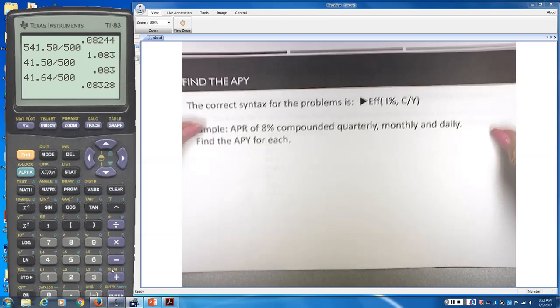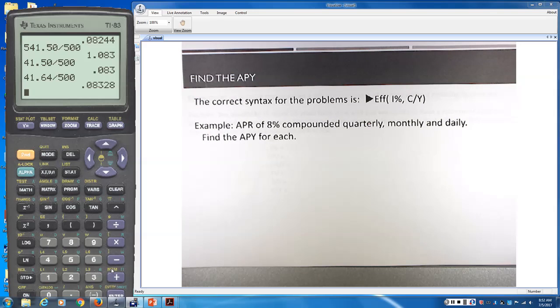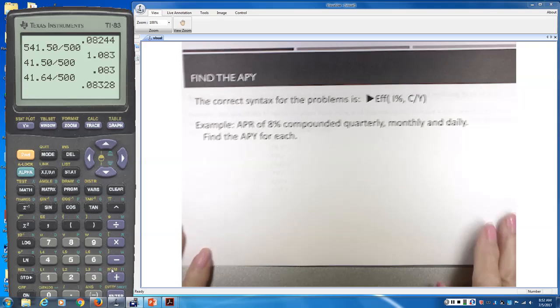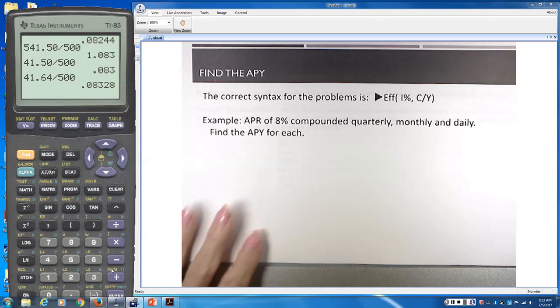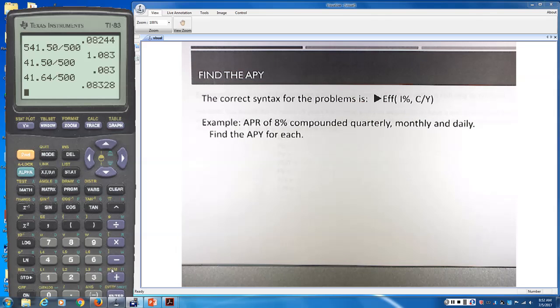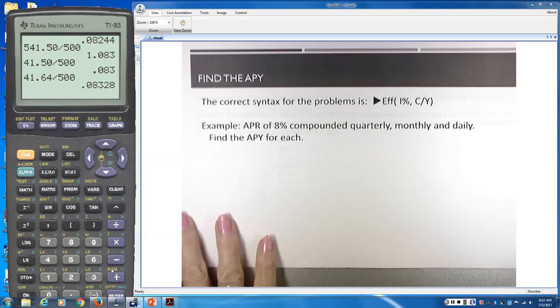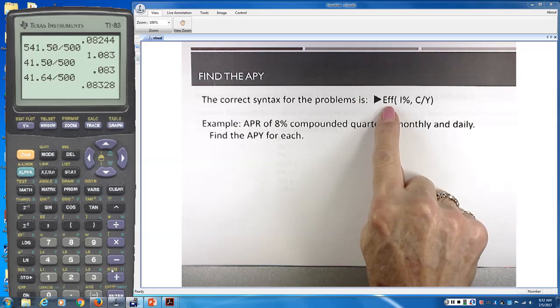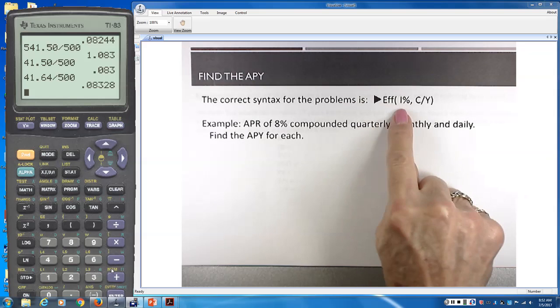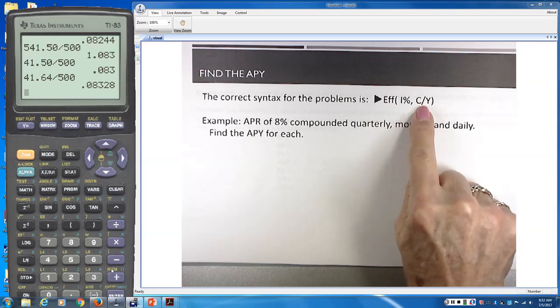You can actually find the APY without calculating the way that we just did. If you know the APR, you can calculate the APY. The syntax for the problem is going to be the effective rate, and you're going to give the annual percentage rate, and then how many times per year it is compounded.